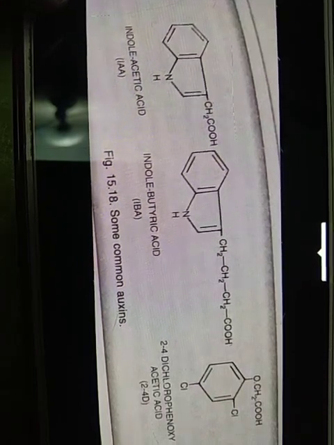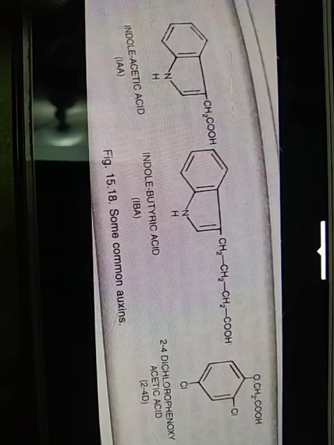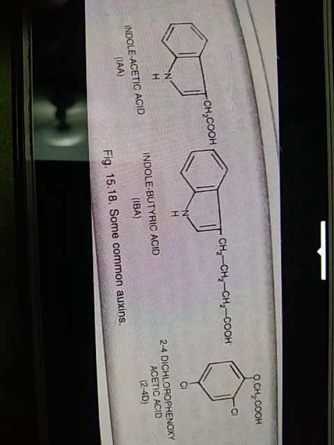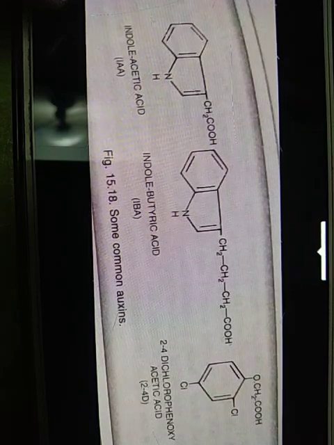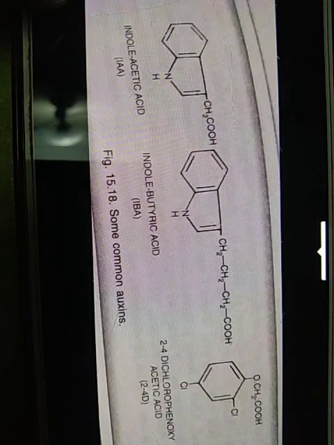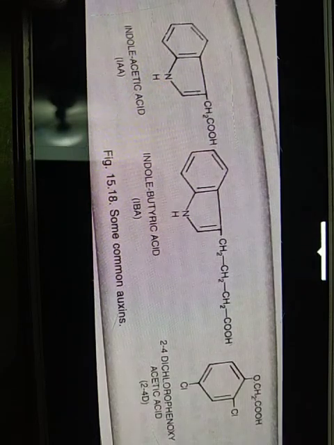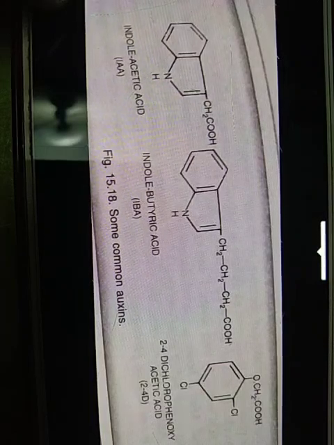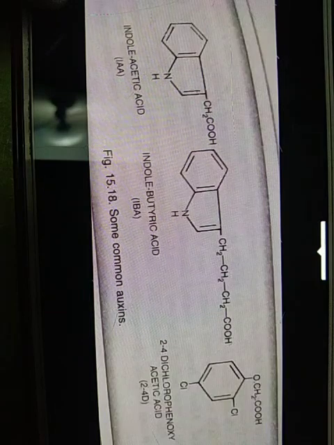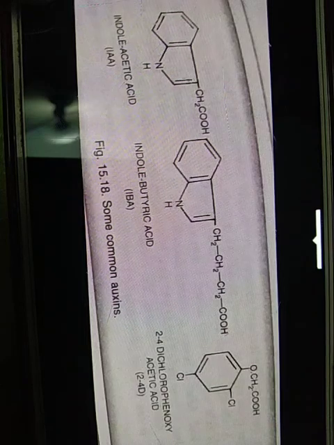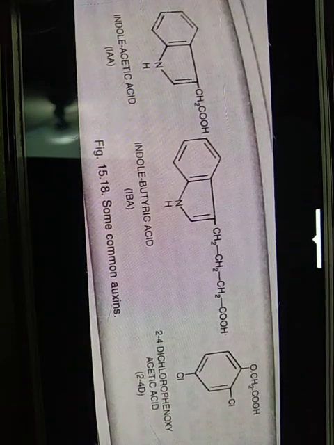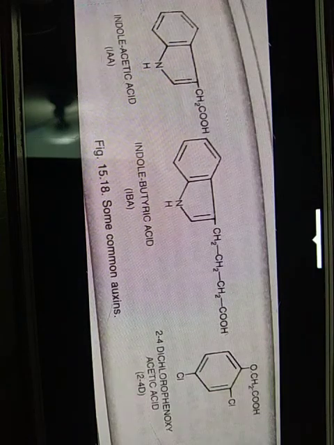Synthetic auxins. Many synthetic auxins are also being manufactured. The important ones are 2,4-D, that is 2,4-dichlorophenoxyacetic acid, 2,4,5-T, that is 2,4,5-trichlorophenoxyacetic acid, IBA, that is indole 3-butyric acid, NAA, naphthalene acetic acid, MCPA, that is 2-methyl-4-chlorophenoxyacetic acid, and dicamba, that is 2-methoxy-3,6-dichlorobenzoic acid.